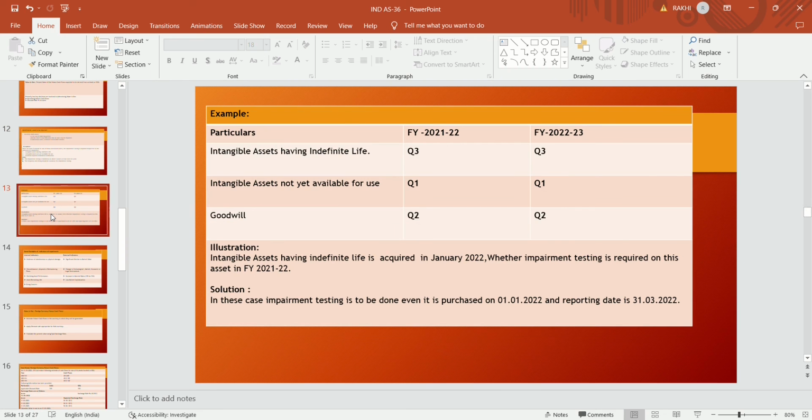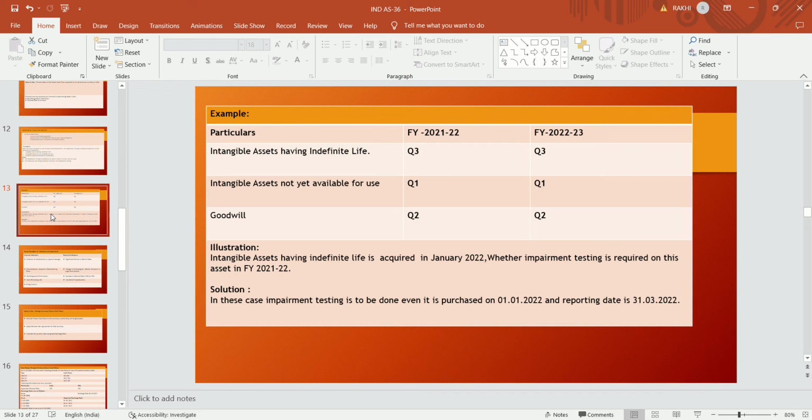This is to be explained by example. Suppose in financial year 21-22 and in financial year 22-23, an intangible asset having indefinite use is to be tested in quarter 3. In the next year also, the same asset is to be tested in quarter 3. So the frequency and the timing of impairment testing should be consistent.